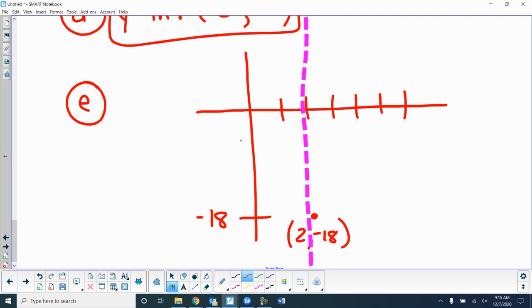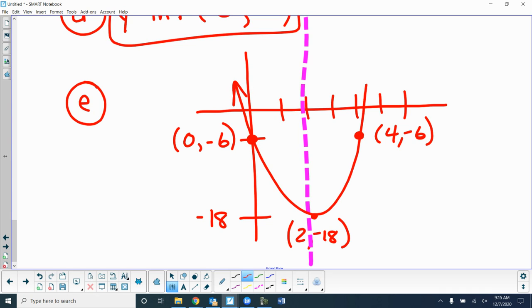Okay, so let's just say that's negative 6. Where's that third point? Yeah, just go 2. I go 2 this way, 2 left to get that. I go 2 right here. All right, so that's 0, negative 6. What's this? 4, negative 6. And there's my parabola.